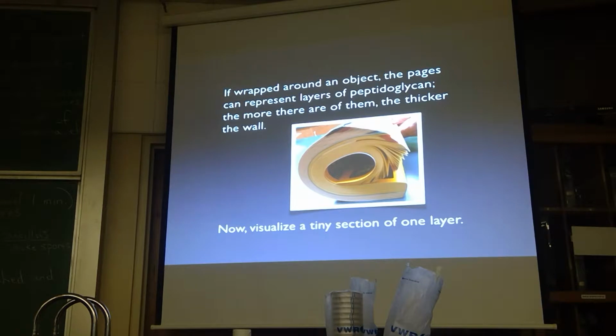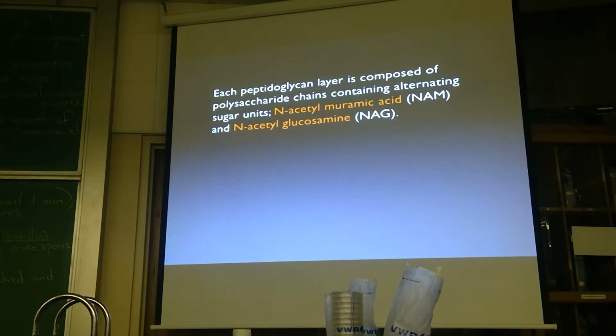Now visualize taking one page and just taking out a tiny little section, because we want to look at the actual molecular composition of peptidoglycan in that tiny section. So each peptidoglycan layer is composed of some polysaccharides. The polysaccharides involved are N-acetylmuramic acid and N-acetylglucosamine.